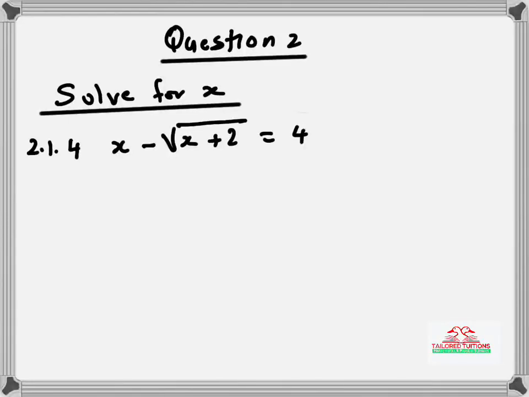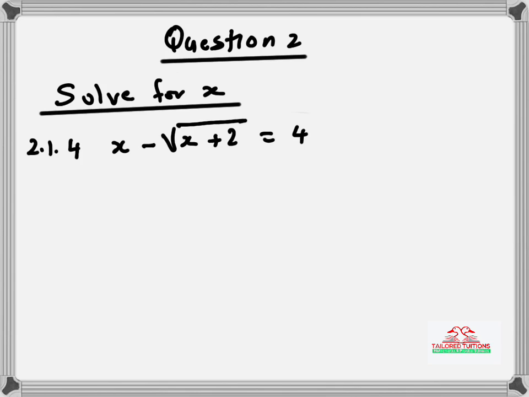Okay guys, let's look at 2.1.4. Again, we are still solving for x, but now we have a surd equation. So with surd equations, there is also a way we should know how to deal with them.